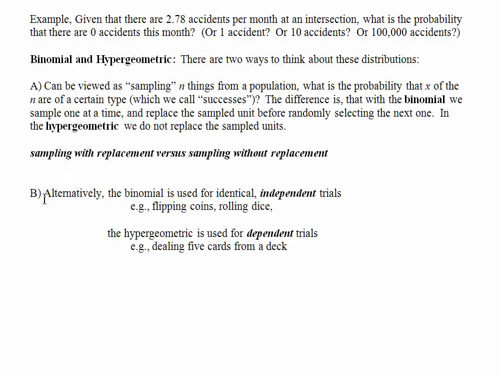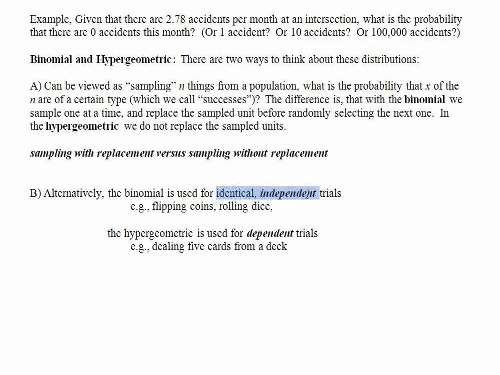Now, alternatively, the way I prefer to think about the binomial and the hypergeometric, it doesn't mean that one's right and one's wrong, but you can think about the binomial as being used when you are doing several things, and each time you repeat this thing you're doing is independent and identical.